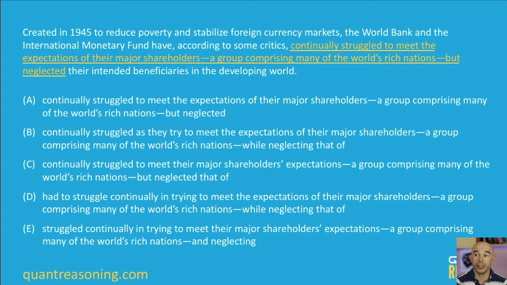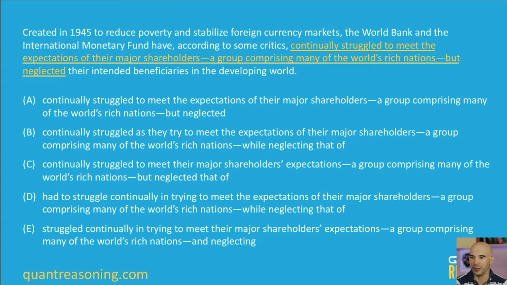And now he tells us, according to some critics, so we're about to get a critical view of those organizations, they continually struggled to meet the expectations of their major shareholders. And then we have some text in between two dashes. By the way, you might want to glance at the answer choices just to see if there are any differences between the two dashes.